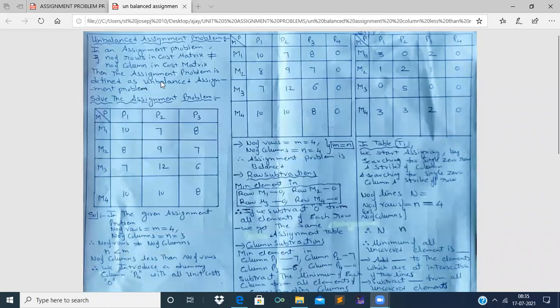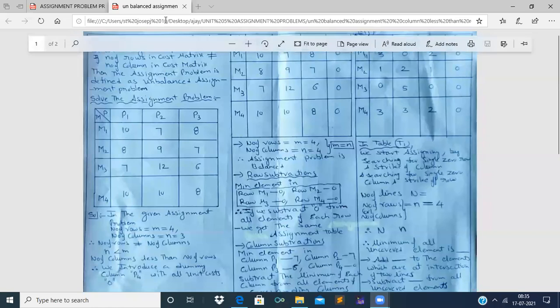Now, for solving the assignment problem, we have to assign the machines to the persons or the persons to the machines. The process of assigning the machines to the persons is done by the Hungarian method.